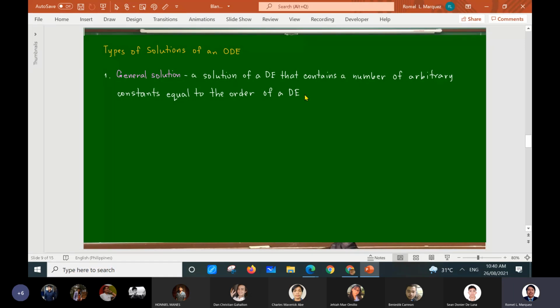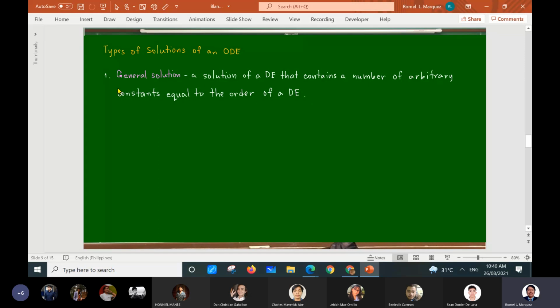Let's say my DE is second order. What do you expect for the number of arbitrary constants present in its general solution? 2. If we have third order, we have 3 arbitrary constants in the general solution. So that's what we mean by a general solution, okay?